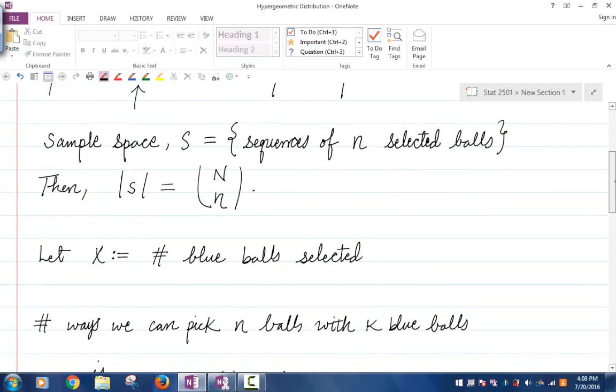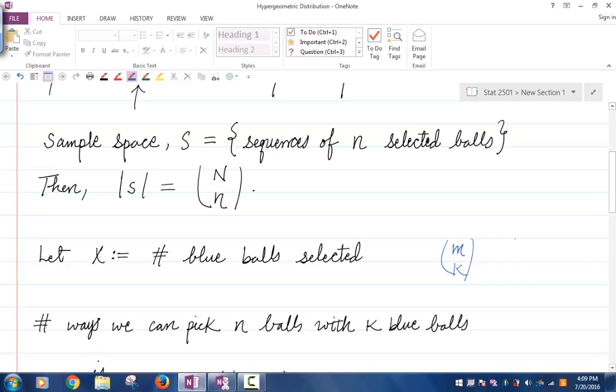Well, first of all, how many ways can I pick k blue balls from the urn? There are M blue balls in the urn, and we want to pick k of them. So there are M choose k ways that can be picked for the sample.